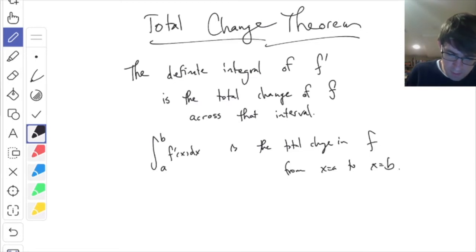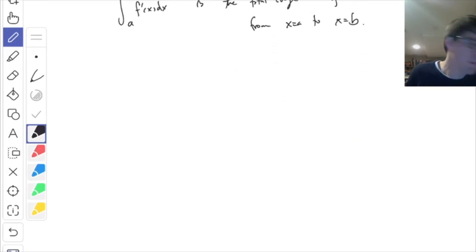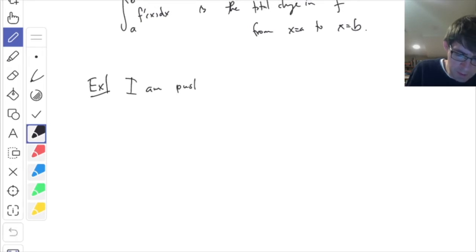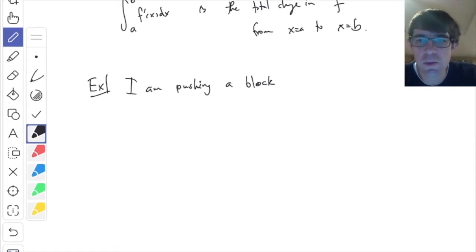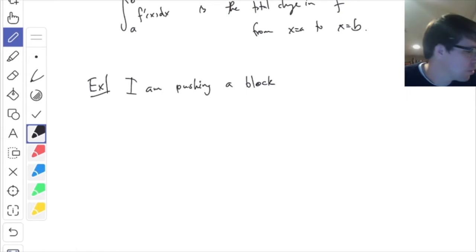So, for example, here's one that I made up, and then I have another one that I'm taking out of the book. So, it says, how about, this is a made-up example. I am pushing a block, say. This is a sort of a physics example. When you push something, when you apply a force to something, it causes that thing to accelerate, provided that the force is strong enough, or the thing is not blocked some way.